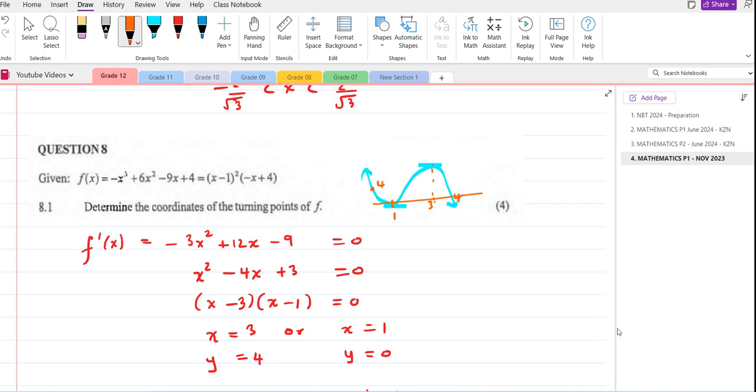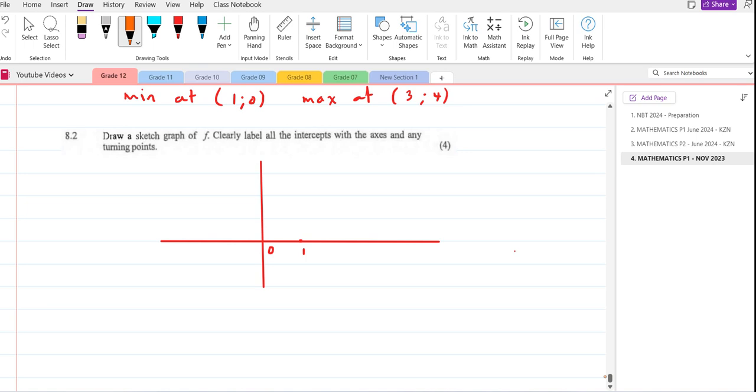So I've got my graph. The y-intercept is 4, that's 3, and that's 4. Right, so that's 2 here. So my graph is coming from the top, turning right there.